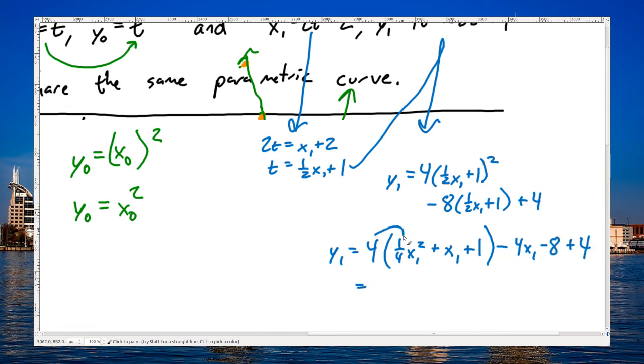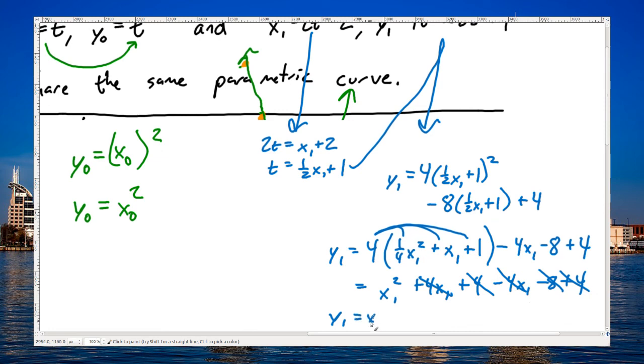Then we'll distribute out that 4. That gets me x1 squared plus 4x1 plus 4 minus 4x1 minus 8 plus 4. 4 plus 4 minus 8 is 0, plus 4x1 minus 4x1. There were definitely better ways to do the algebra than what I did, although this is the most straightforward and it works for almost every problem.